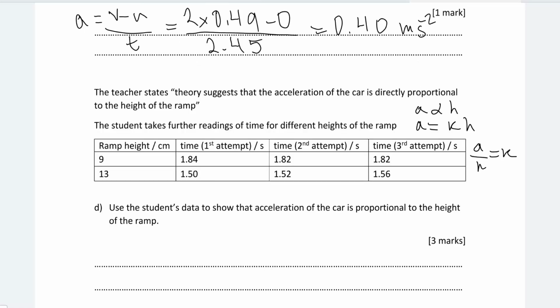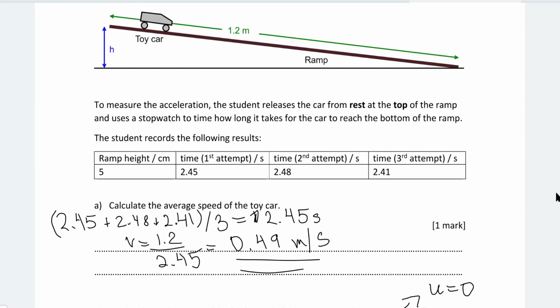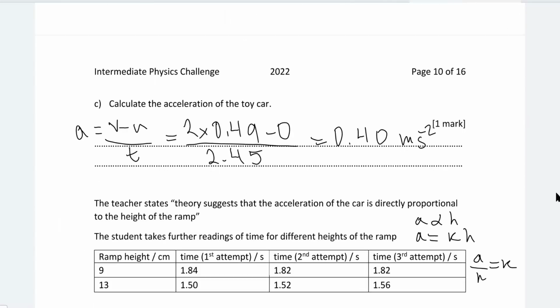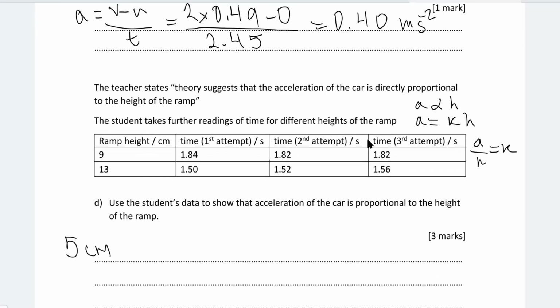Okay, so we have the data for our first example. Let's say that when the height is 5 centimeters, we have our acceleration, which is 0.4 meters per second squared, and we know our height as well.